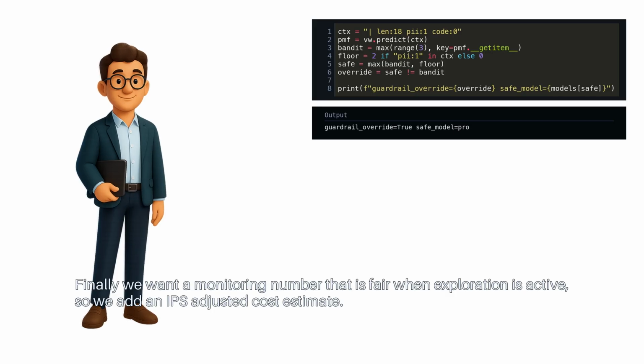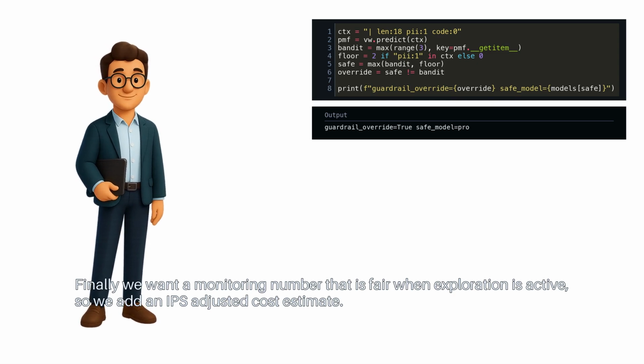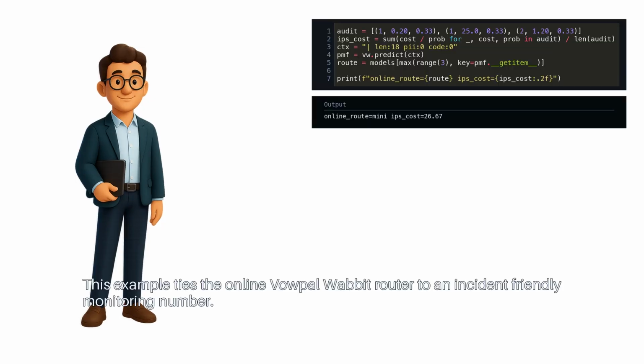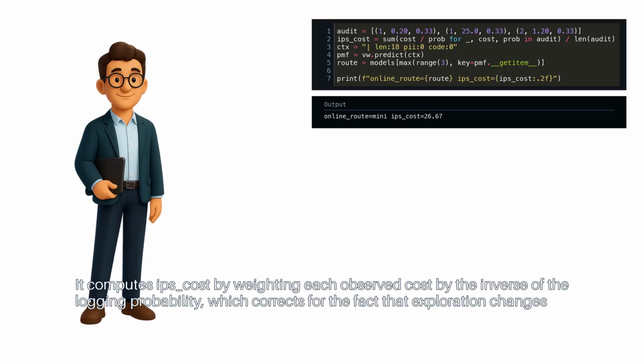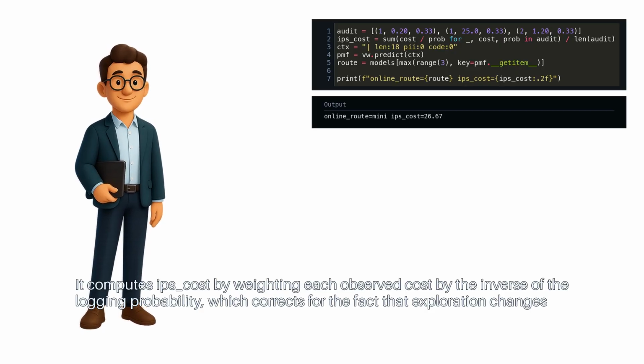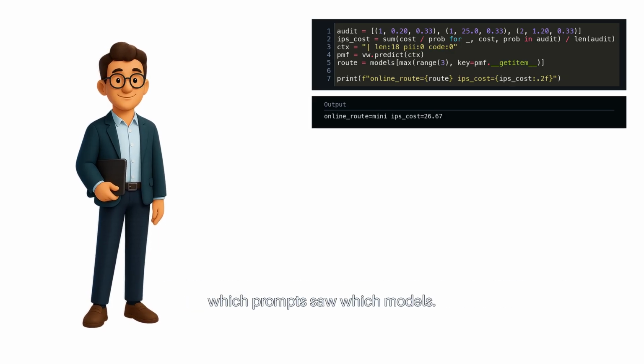Finally, we want a monitoring number that is fair when exploration is active, so we add an IPS-adjusted cost estimate. This example ties the online Vowpal Wabbit router to an incident-friendly monitoring number. It computes IPS cost by weighting each observed cost by the inverse of the logging probability, which corrects for the fact that exploration changes which prompts saw which models.